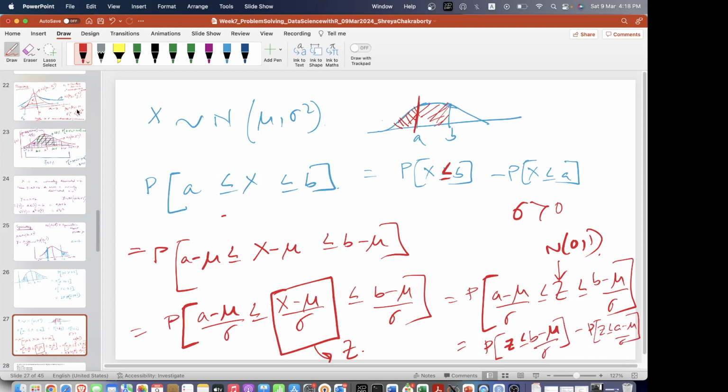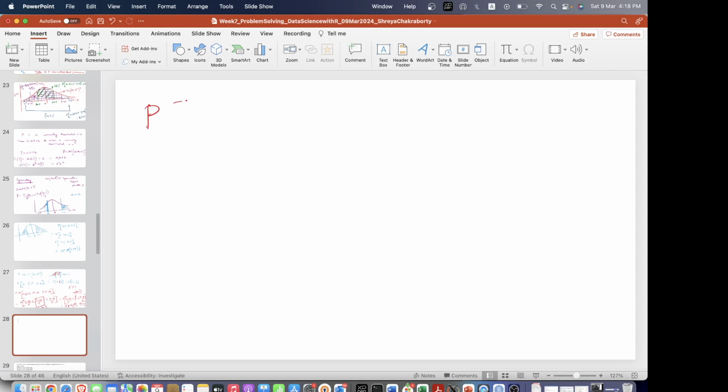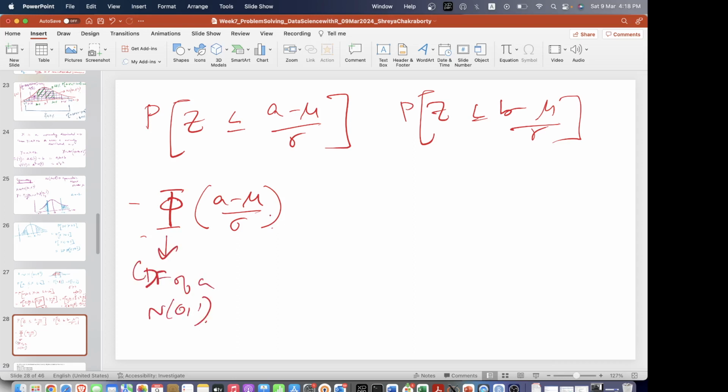Okay. And this thing, probability z less than equal to a minus mu by sigma or probability z less than equal to b minus mu by sigma, this thing is denoted by capital phi of a minus mu by sigma, where this phi is actually the CDF of a standard normal distribution, and these values are usually given in tables.